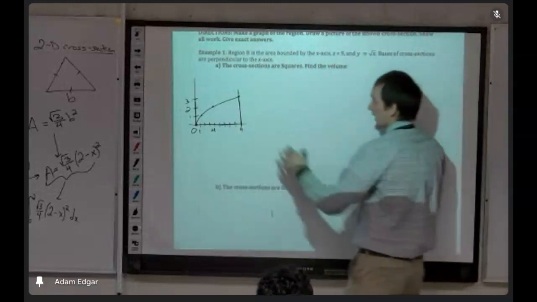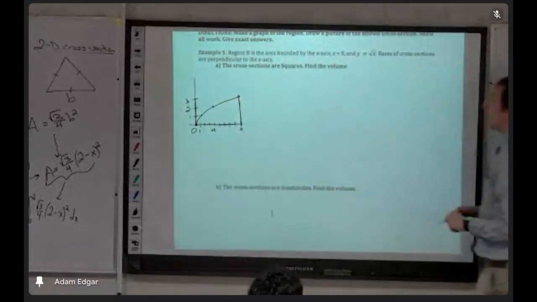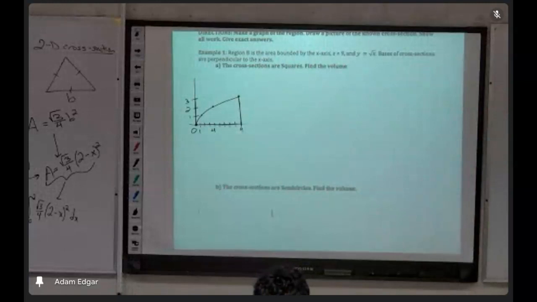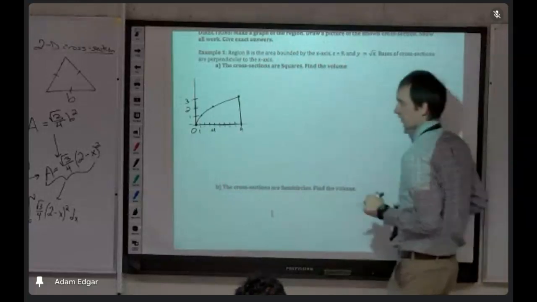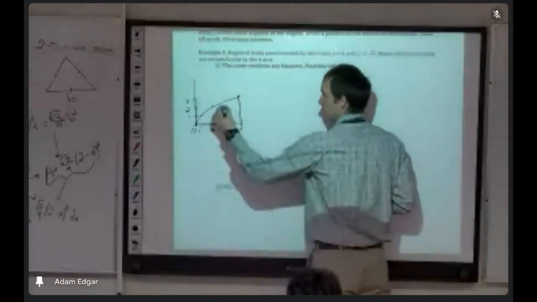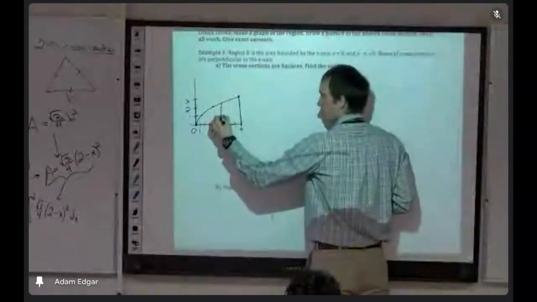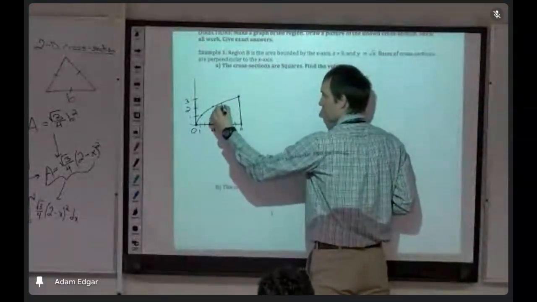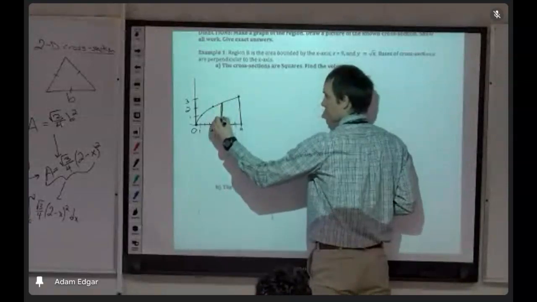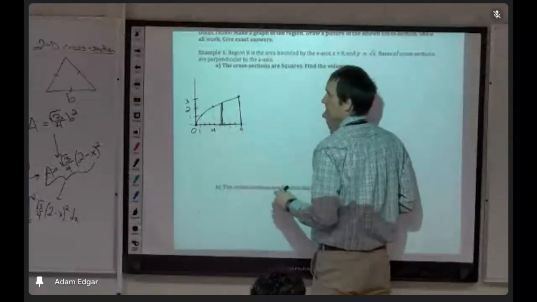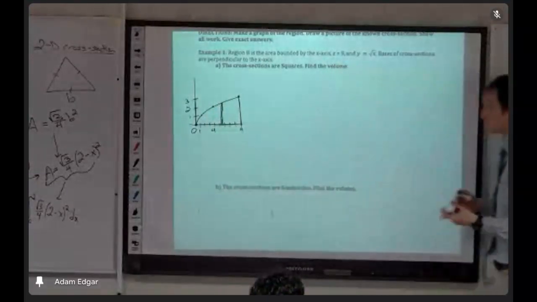Then we say, how are the cross sections going to be oriented? We're going to say the cross sections are oriented so that they're perpendicular to the x-axis. So I come into the graph and I draw the base of one of these cross sections so that it's perpendicular to the x-axis. And then we need to know, what's the shape of that thing?